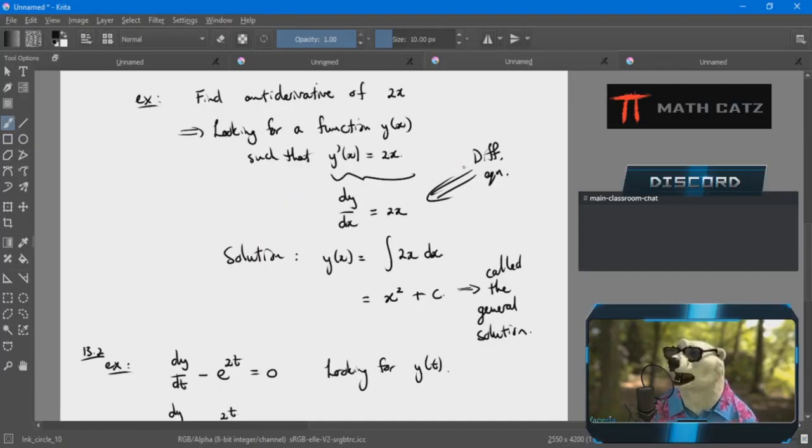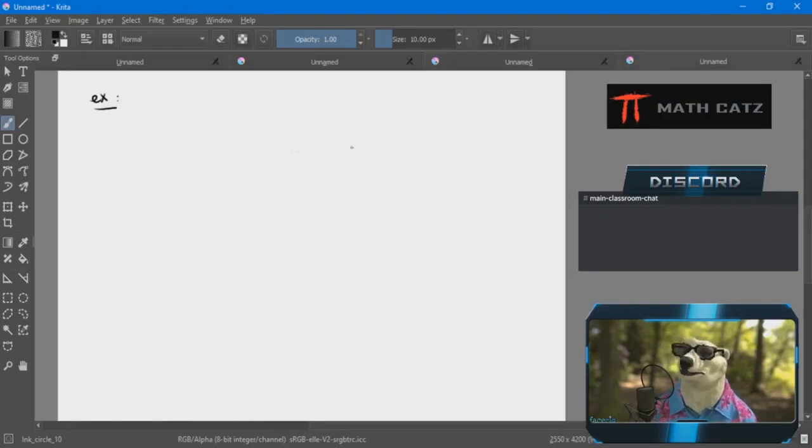We had dy dx equals 2x, our simple first example, and we had general solution y equals x squared plus c.